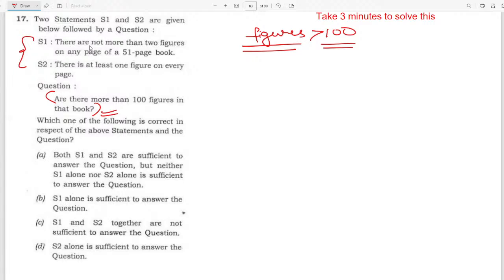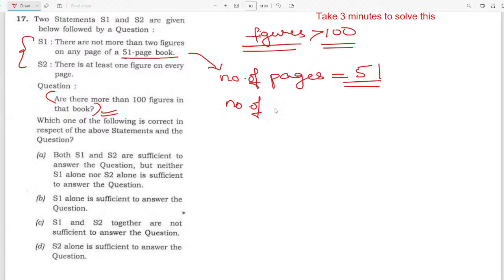Statement 1 says that there are not more than 2 figures on any page of a 51-page book. So in this statement, the information that we get is that the number of pages is equal to 51. This is one extra data that we have got. And they are saying that there are not more than 2 figures on any page.